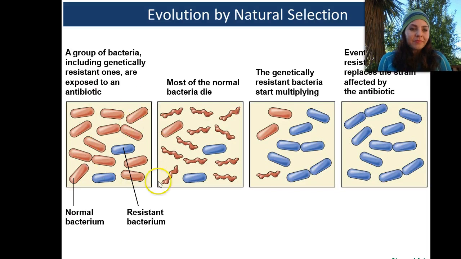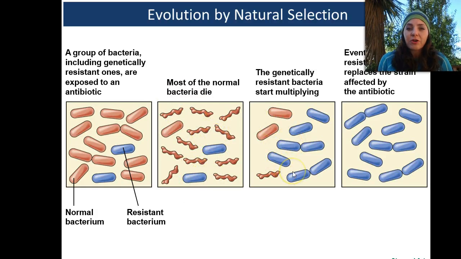All right. So right here we have our population of bacteria, including the resistant bacteria. It's treated with an antibiotic, so for example, amoxicillin. We take our amoxicillin, and most of the normal bacteria die. We have a small percentage left behind, but the two antibiotic-resistant bacteria live.